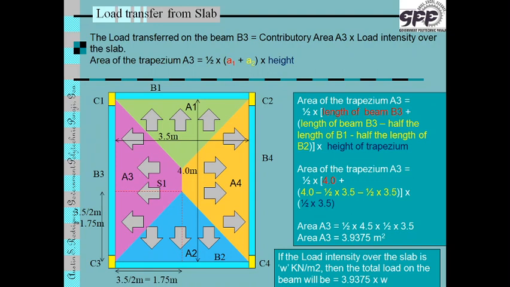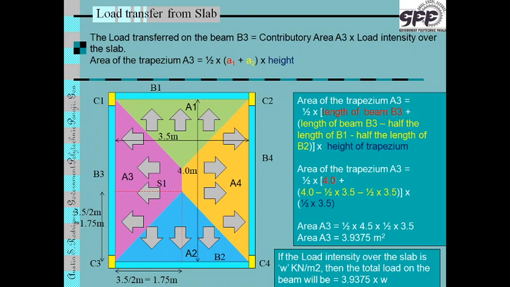One thing which comes up over here is, when we look at the formula on the right hand side at the top, the area of the trapezium A3 is equal to half into, in red, we have written the length of the beam B3. But when we look at the trapezium, the base is slightly more than the length of B3.